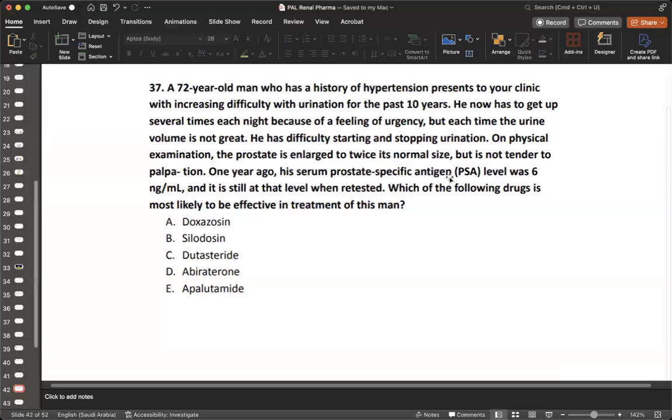But because it's the same, this is more likely a benign disease, which is BPH. And they just want you to know that the most effective treatment is decreasing the size of the prostate, which is dutasteride, the 5-alpha reductase inhibitors. It is not doxazosin or silodosin. The most effective drugs in BPH are the 5-alpha reductase inhibitors.